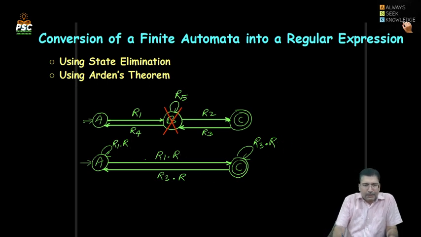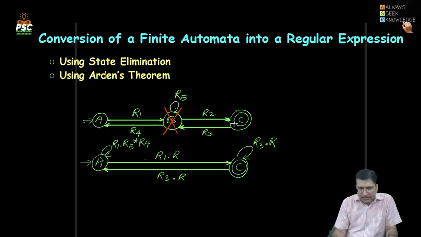Now what is happening in case of this R1 R4 loop? There is R1 R5 star and then followed by R4. So you are going by R1, there's a loop of R5, you are eliminating this state B, right? So this loop will give you R5 asterisk and then you are returning by R4.